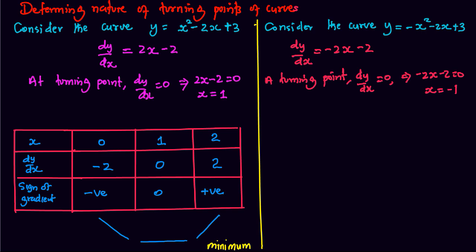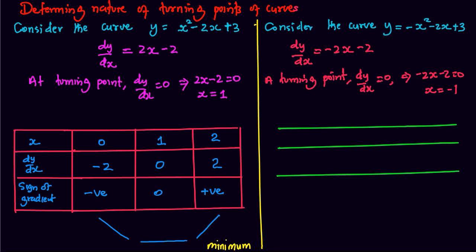We do the same as we have done in the first case so that we see the nature of the turning points. So we will need to see how the graph would be to the right and to the left of the turning point.